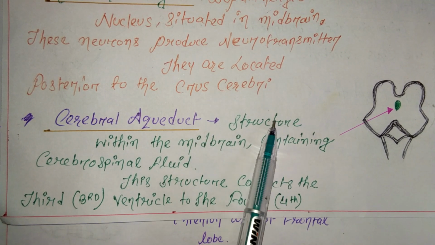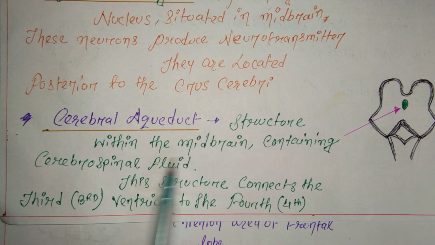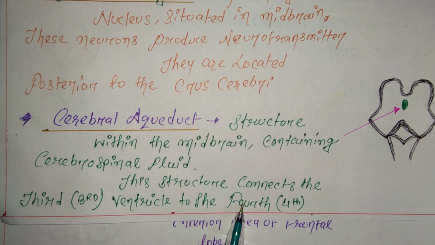Next structure is the cerebral aqueduct. It is a structure within the midbrain containing cerebrospinal fluid. It connects the third ventricle to the fourth ventricle.